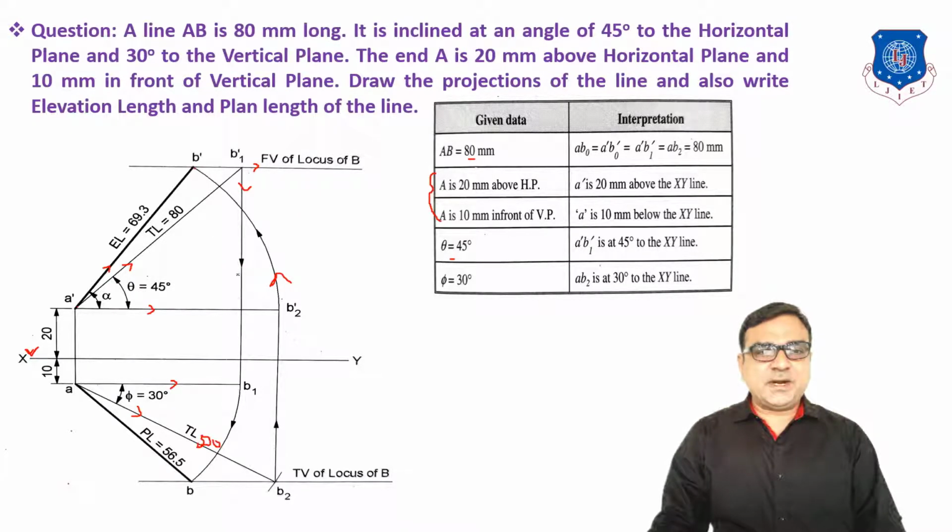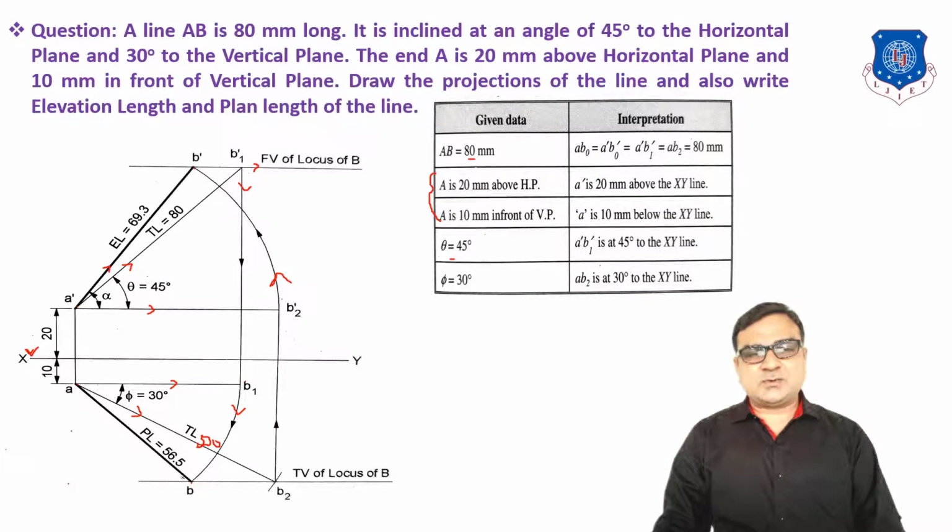Now from B1 dash, draw a vertical line up to the horizontal line of A, denoted by B1. With the compass, take center A and radius AB1, and draw an arc from B1 up to its intersection with the horizontal line, the locus of B. The intersection of this arc and this horizontal line is small b.